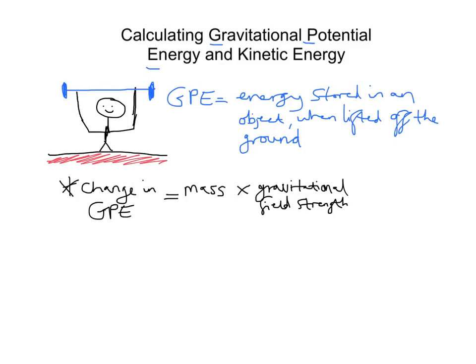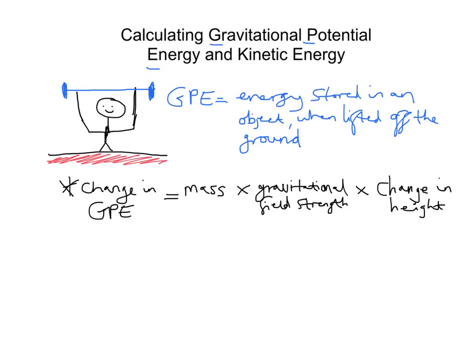And as we said, that also relies on the change in height, so we'll put that there. Change in height. There we go. So there's our formula to calculate the change in gravitational potential energy.